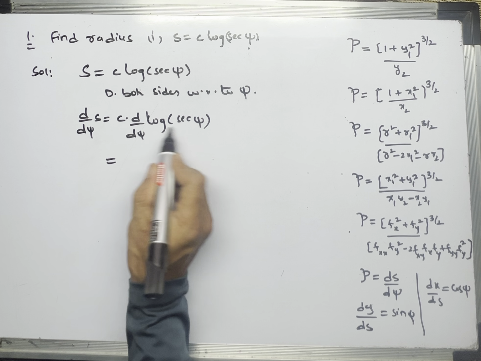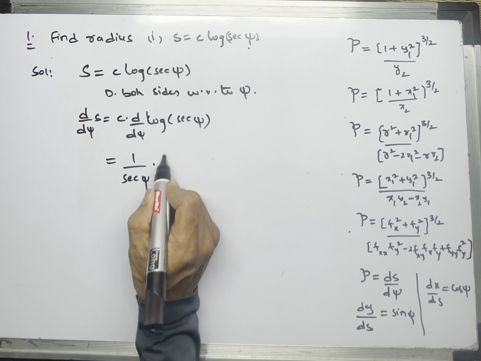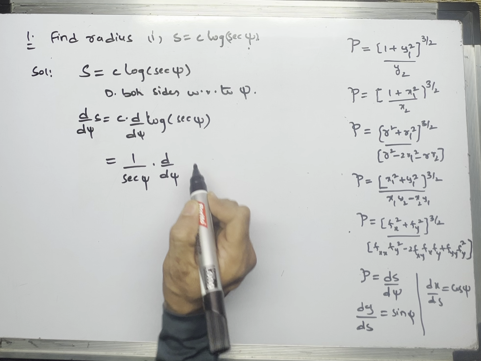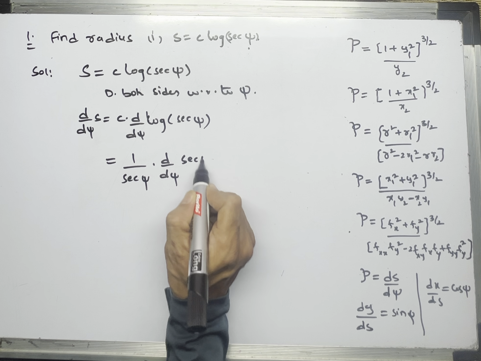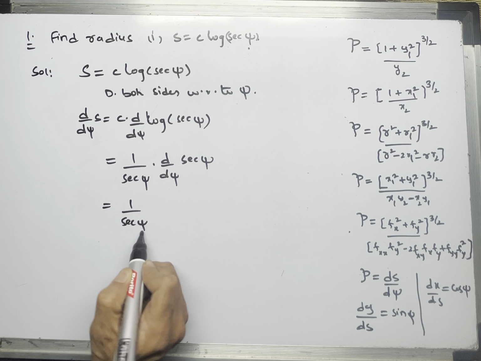Now derivative of log is 1 by secant psi into d by d psi of secant psi.